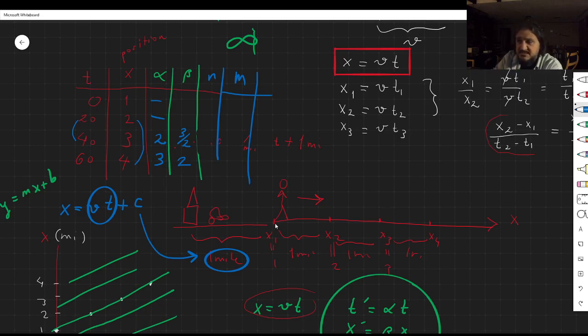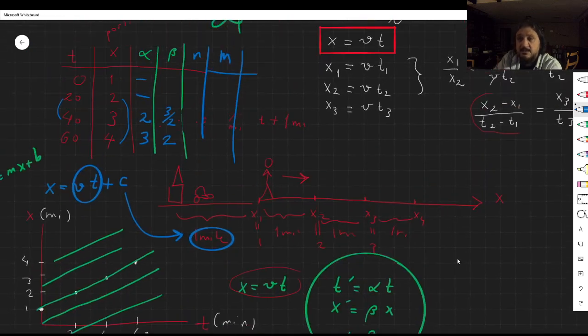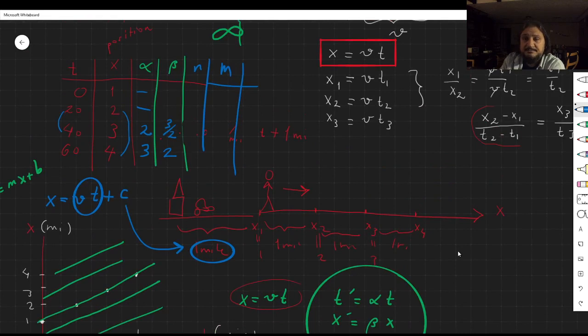Now, n represents the percent increase in x. All right, so 2 to 3 is 50%, 2 to 4, 100%, 20 to 40, it is 100%. Okay, so not the same.